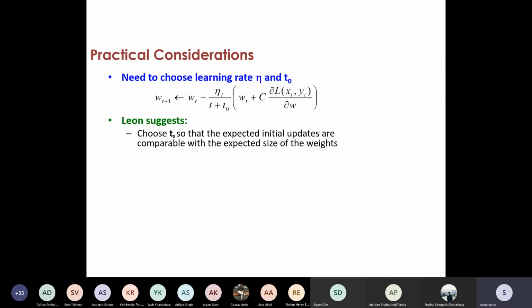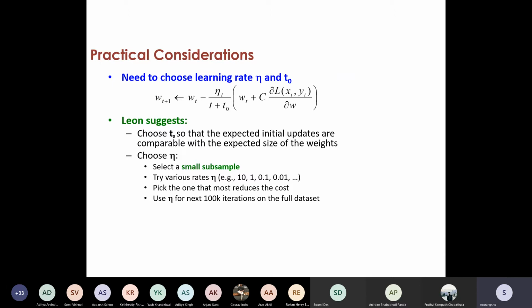Okay, now another practical question is, how will you choose this eta t?